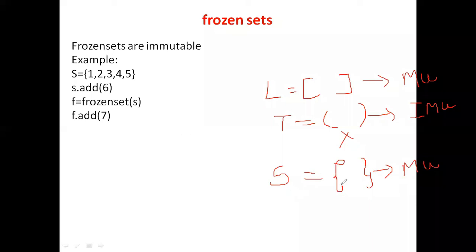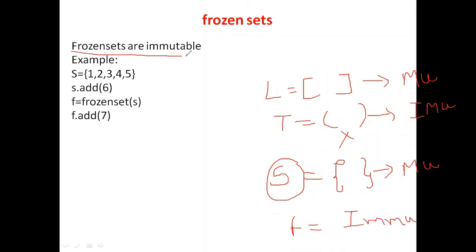If you convert this set into a frozen set by using the frozenset function, the frozen set is immutable. What is a frozen set? Frozen sets are immutable. We cannot change the objects of a frozen set.